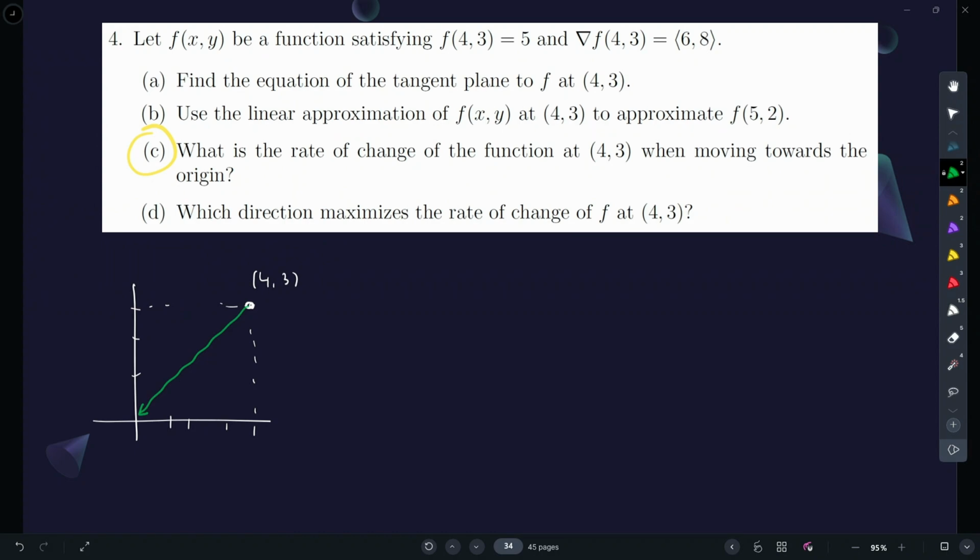I'm going to need a unit vector in that direction, but for now I want a vector in that direction. If this is P and this is Q, which is the origin in this case, the point (0, 0), how do I compute the vector PQ to start with?